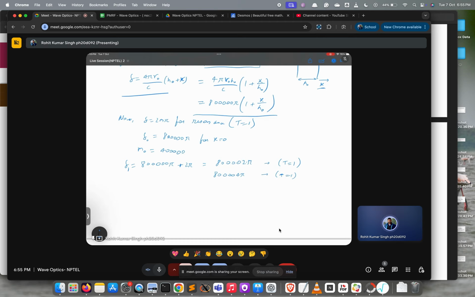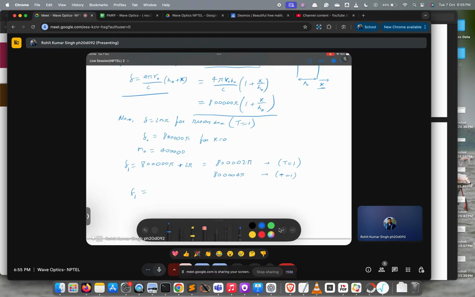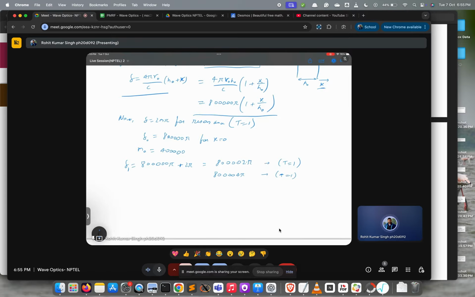For example, for delta 1 you can solve it individually, or you can solve a general equation. So okay, let's solve a general equation. What I mean is, your phase difference here is 8 lakh into pi times 1 plus x by h, and this should be equal to 8 lakh pi plus 2m pi, right, for different values of m.